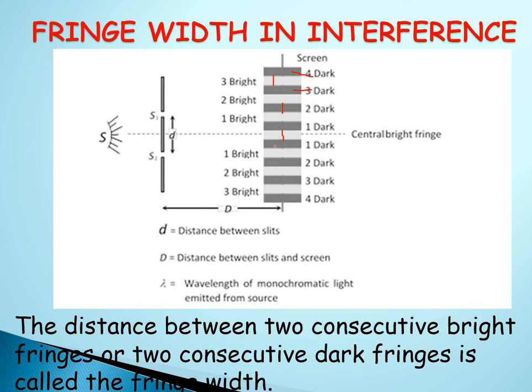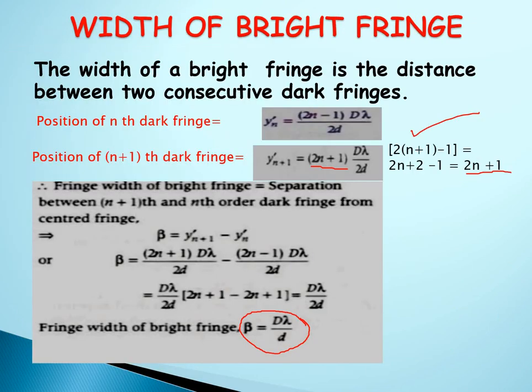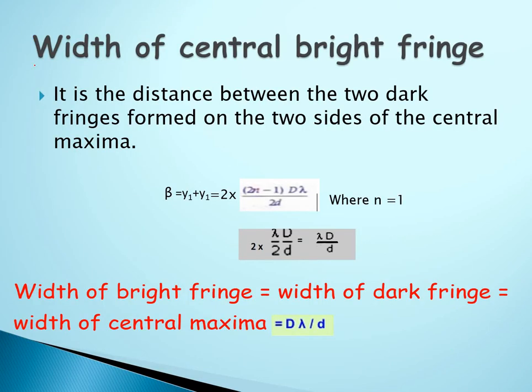So how do we find the width of the central bright fringe? It is the distance between the 2 dark fringes formed on the 2 sides of the central maxima. So here beta is equal to not the difference, but y1 plus y1, that is, the distance of the dark fringe from the central maxima on both sides, which equals 2 into y1.